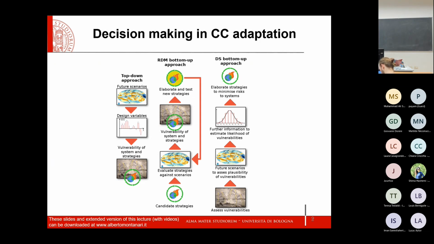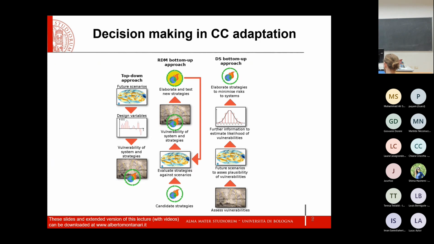And therefore, the idea of robust decision making is to identify strategies, so solutions, and then these strategies are evaluated against climate scenarios.